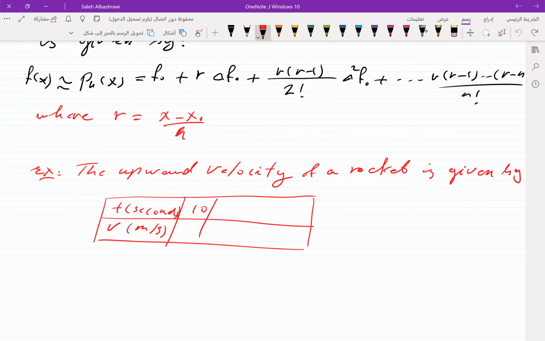We have times 10, 15, 20 seconds, and 25, with velocities 230, 360, 520, and 680.